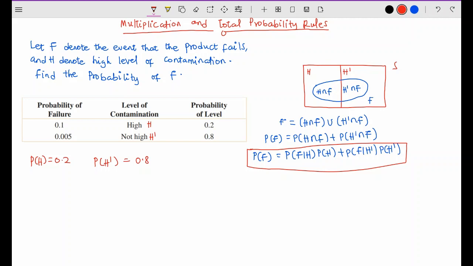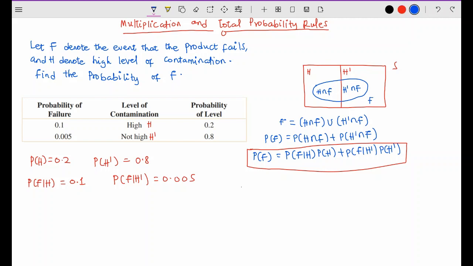Then going to the probability of failure column, the probability of failure given there is high level of contamination is 0.1, and the probability of failure given that there is low level of contamination is 0.005. So we have all we need to solve the question.